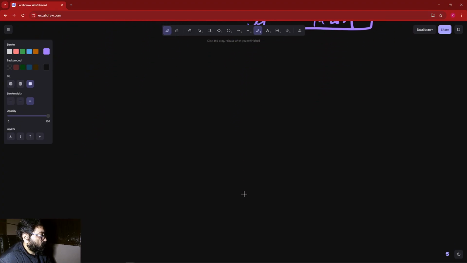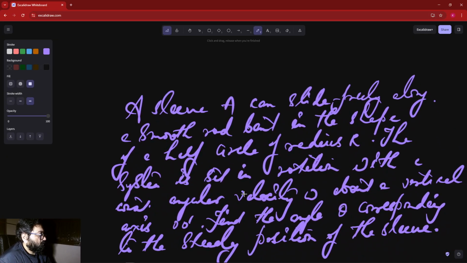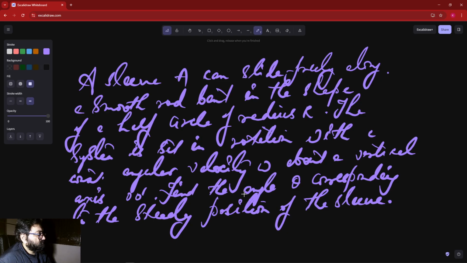Let's move to the second problem now. Okay. So in this problem, I have a sleeve A that can slide freely along a smooth rod bent in the shape of a half circle of radius r. The system is set in rotation with a constant angular velocity omega about a vertical axis O dash.